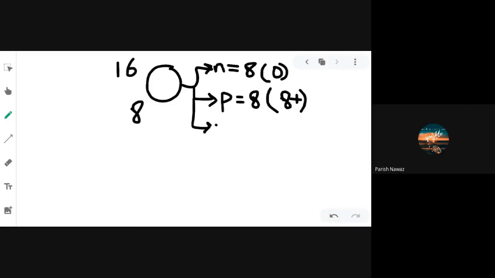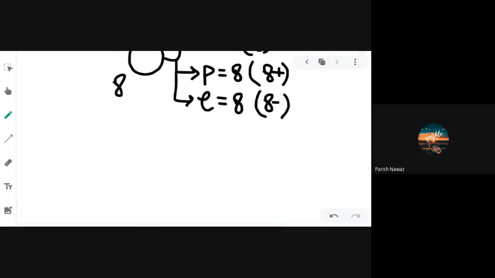And obviously it is a neutral atom, therefore it carries 8 electrons, and it is balanced out with protons. So 8 negative and 8 positive, they are balanced, no net charge is present over there.